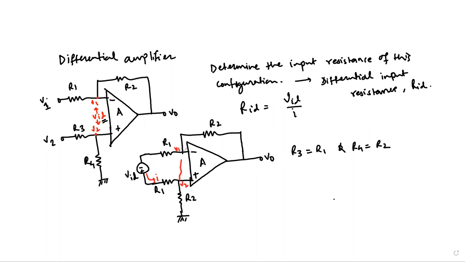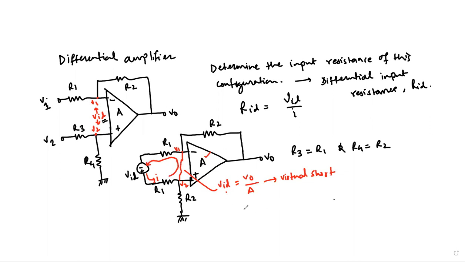Due to the virtual short, VID has to be 0 because we assume that the gain is infinite. With this, the loop gets closed. So we have VID and the current starts flowing through the loop. It passes through this resistor and comes back to this terminal right over here.